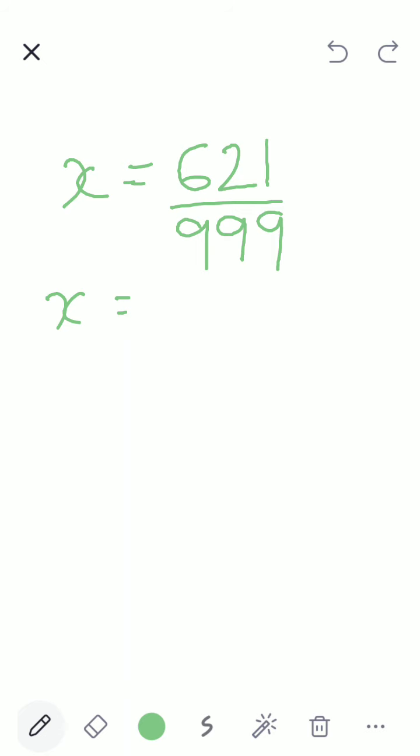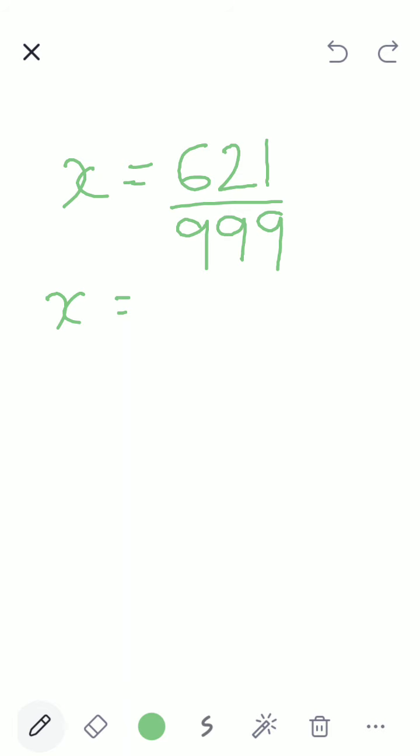No, not LCM. Yes, we have to divide numerator and denominator by the HCF or any common factor. If we find the HCF, it will be faster, but if we can find any common factor, we can also do it this way.